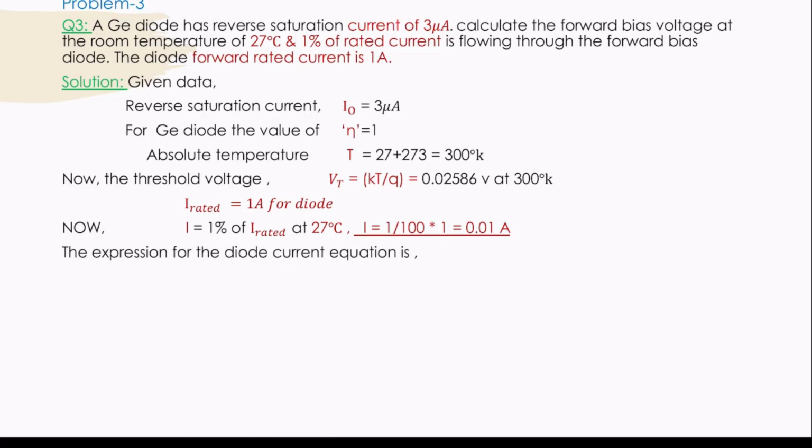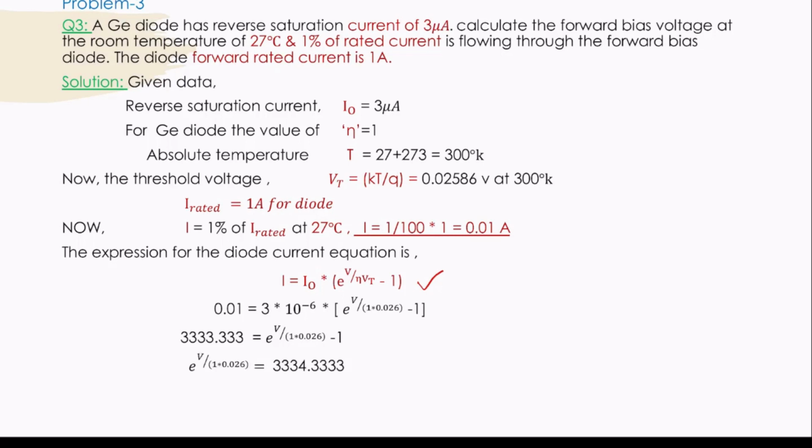Now we know the expression for the diode current equation, which is I is equal to I0 into e to the power of V by eta Vt minus 1. Now by substituting the given values in the expression, we get 0.01 is equal to 3 into 10 to the power of minus 6 into e to the power of V by 1 into 0.026, minus 1, which gives 3333.333 is equal to e to the power of V by 1 into 0.026, minus 1, which is e to the power of V by 1 into 0.026 is equal to 3334.3333.